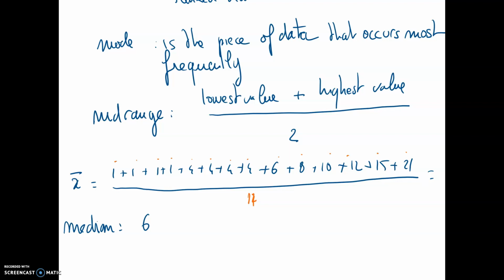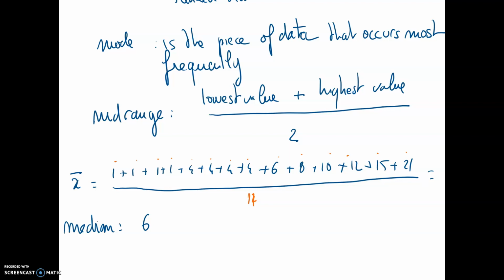Let me check one more time: 14 values. So we have 6 as the median.